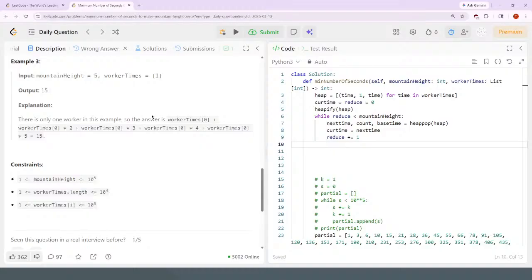Then heap push onto the heap the next tuple, which should be 1 plus 2, so next time plus (count plus 1) times the base time.